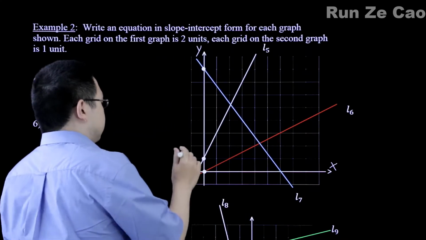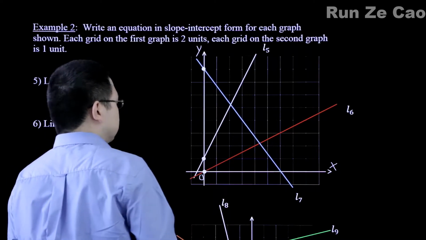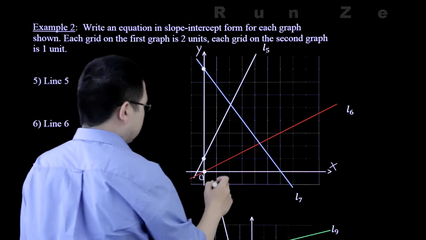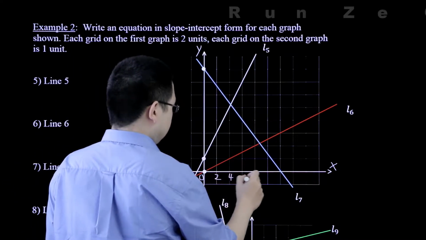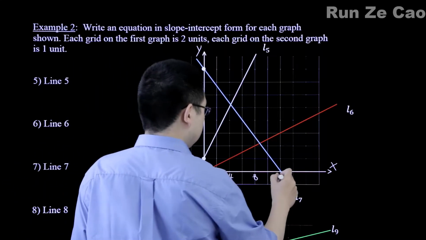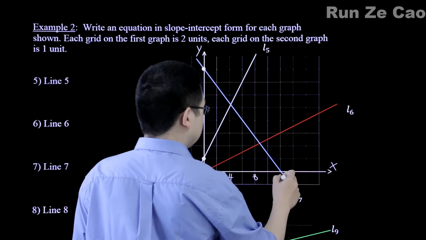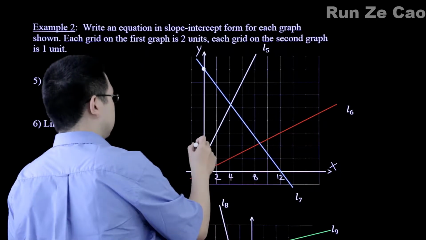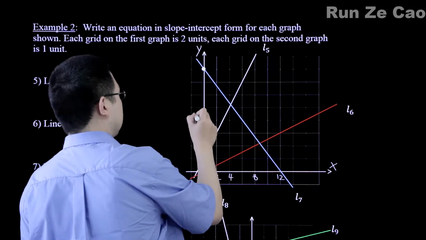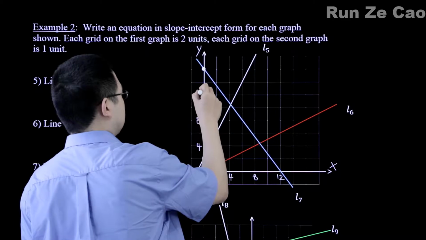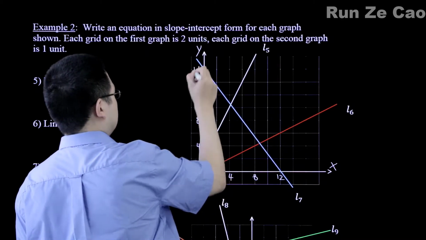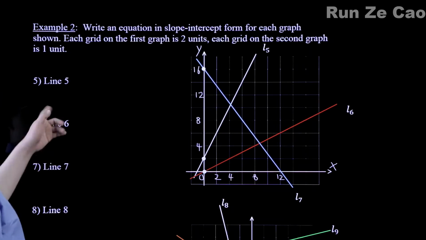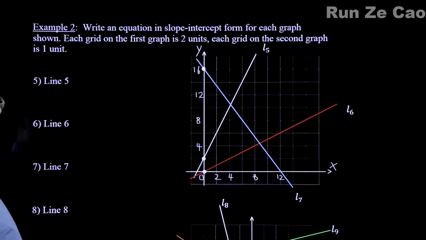Alright. So, origin, 0, 0. And each grid is 2 units. So 2, 4, 8, 10, 12, so 4, 8, 12, 16. And we need to find line 5 for slope-intercept form.